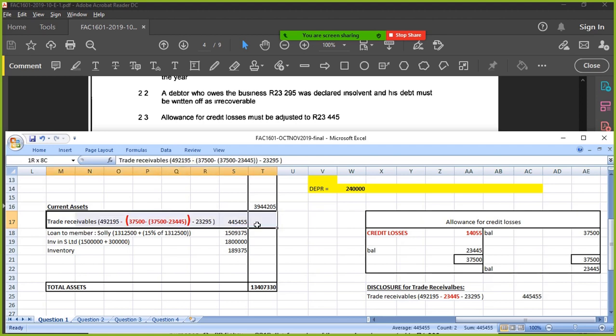So was that the error there? Do you know what the actual error was? So it was 37500, and then I added a zero, a mistake.